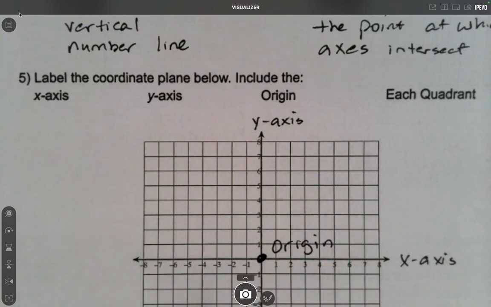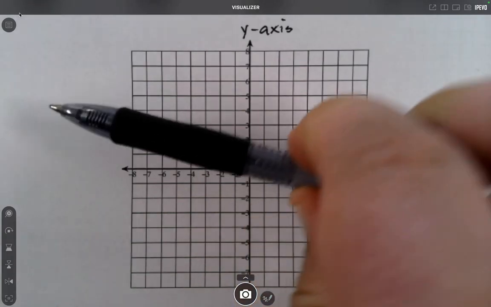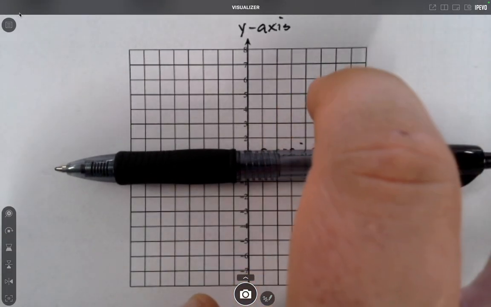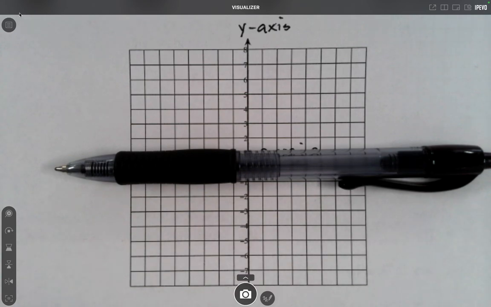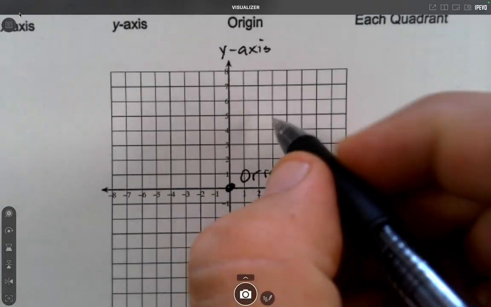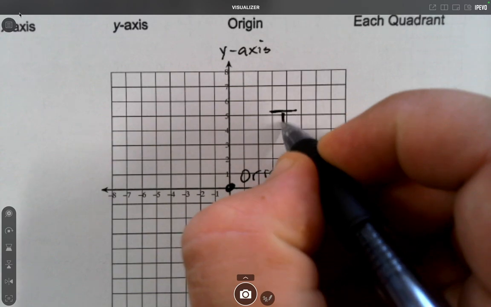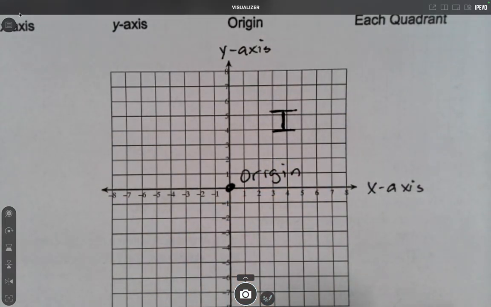label each quadrant. So if you think about it, these 2 lines cut us into 1, 2, 3, 4 different spaces. So those are the quadrants, quad meaning 4. So there's 4 spaces, quadrant. And the one in the upper right is quadrant 1. And you have to use Roman numerals when you're labeling the quadrants.